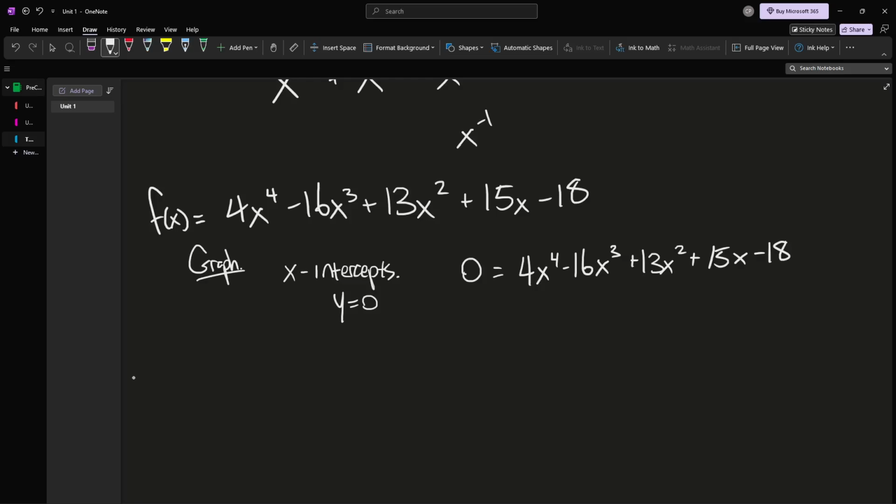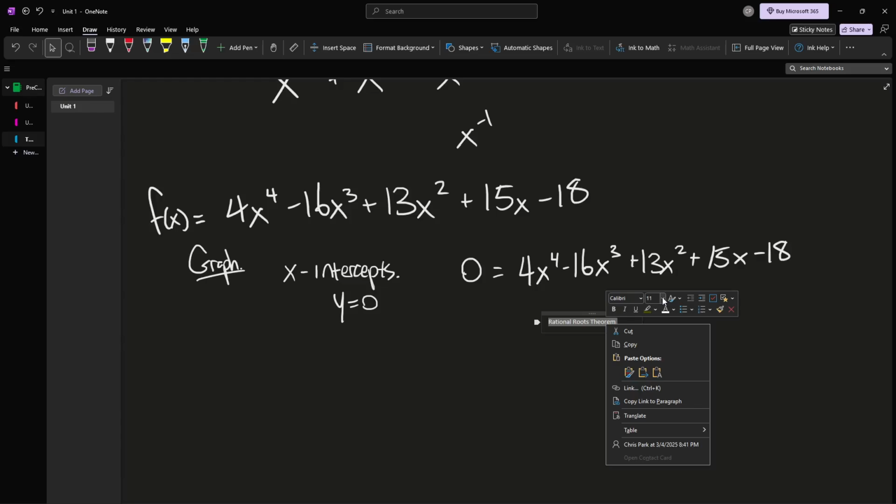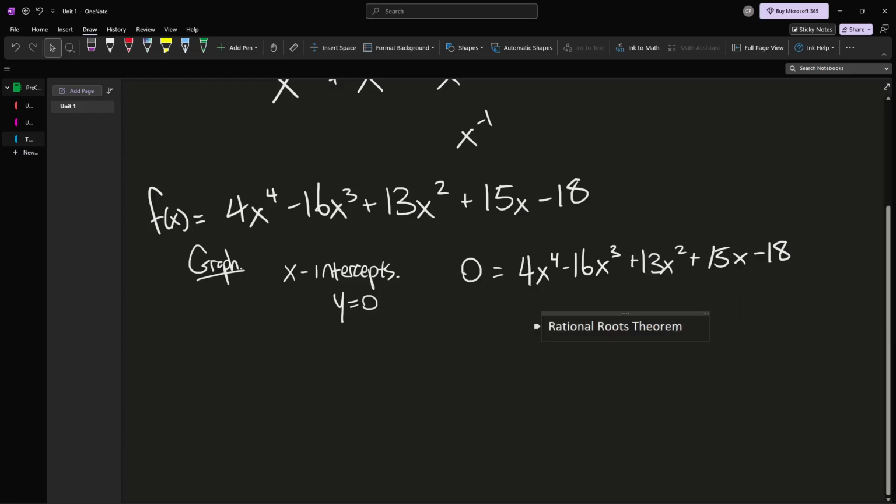So if you remember, what we learned is something called the rational root theorem, or rational zero theorem. I'm going to type this out. This rational roots theorem is something that we utilize in this class.